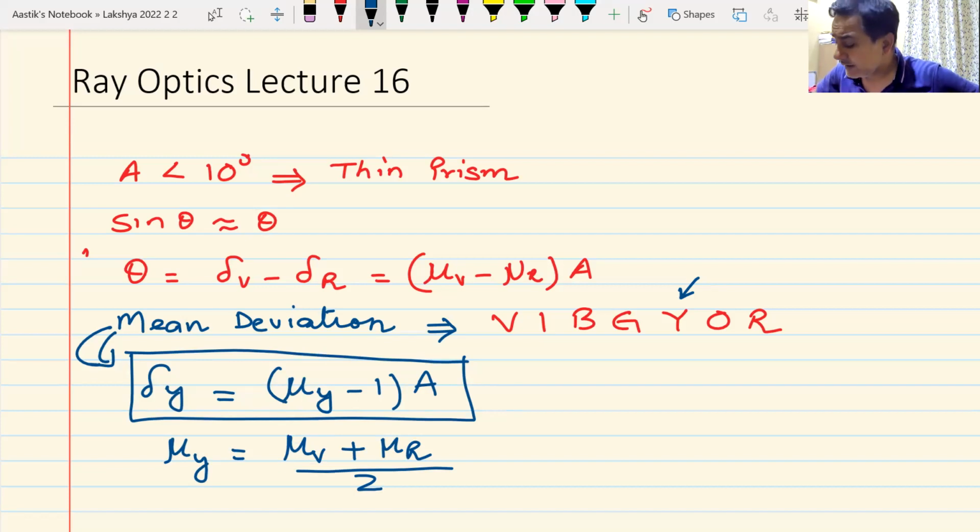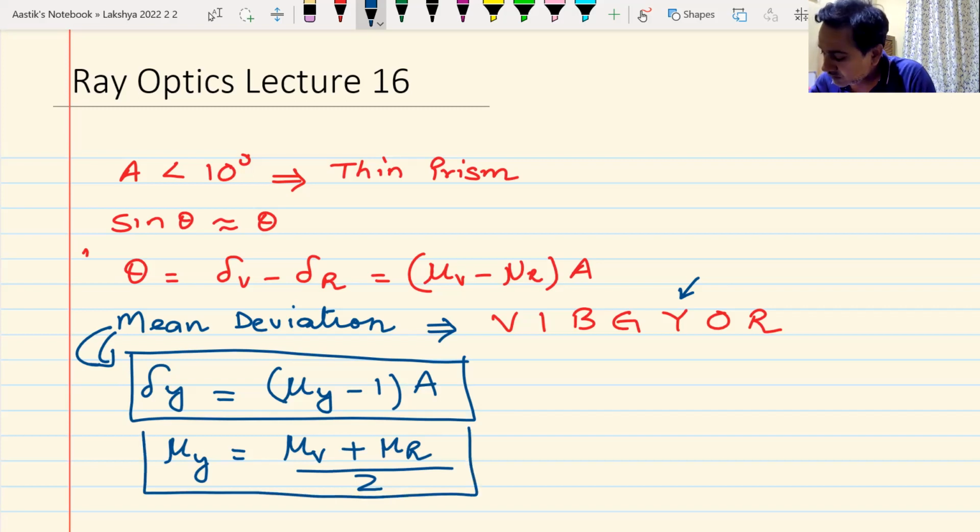So you can take the refractive index of yellow, mu y, as mu violet, mu v, plus mu r divided by 2. So this becomes the concept of mean deviation. The deviation produced in the yellow light is known as mean deviation.